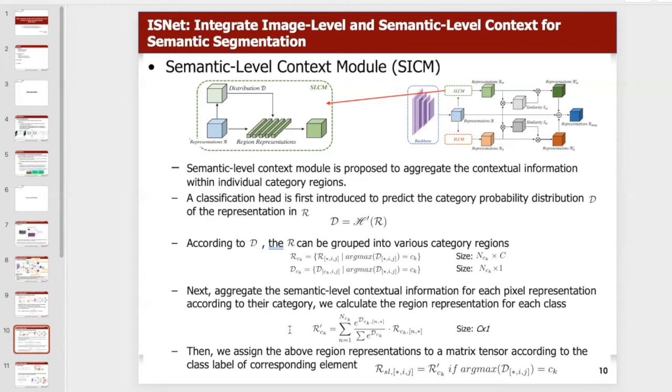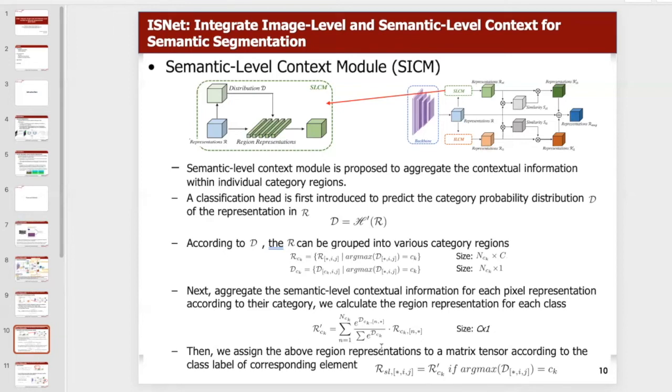Thank you. And now we will get the R prime CK. Here CK represents that we have K categories in total. For every category, we will have an R prime CK value corresponding to that category.